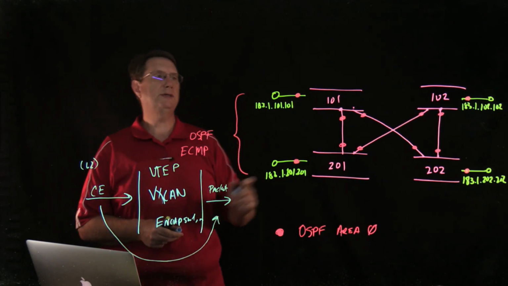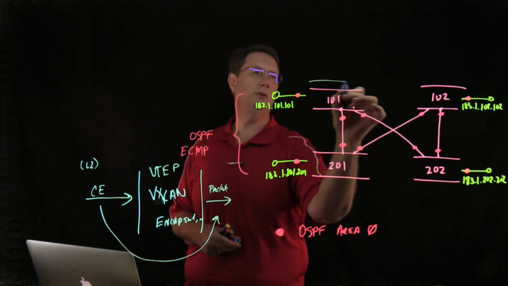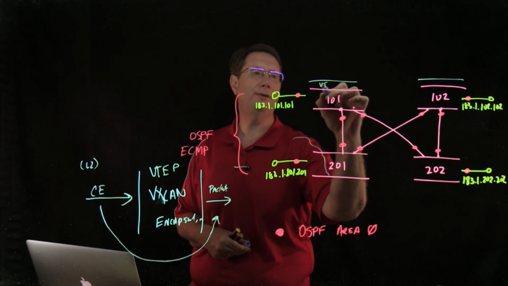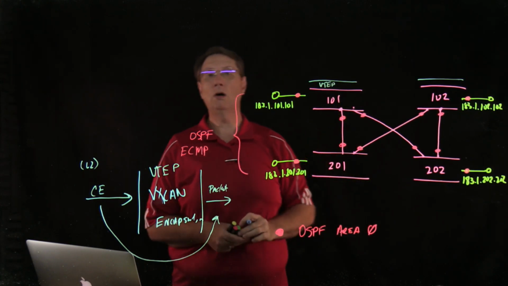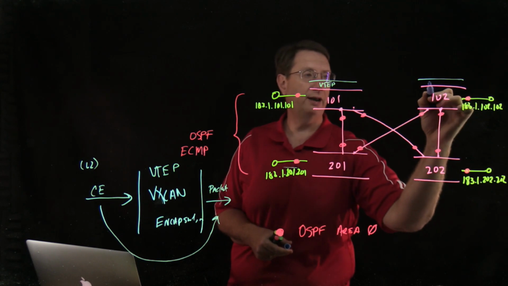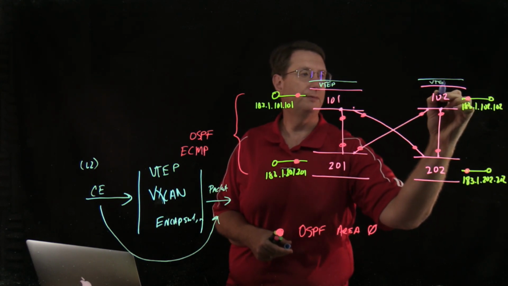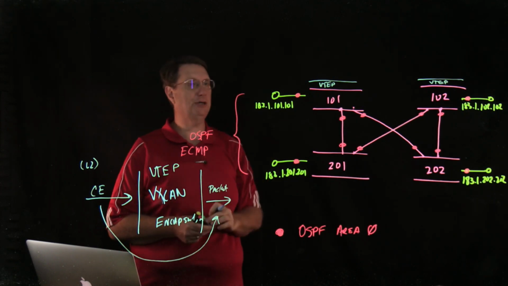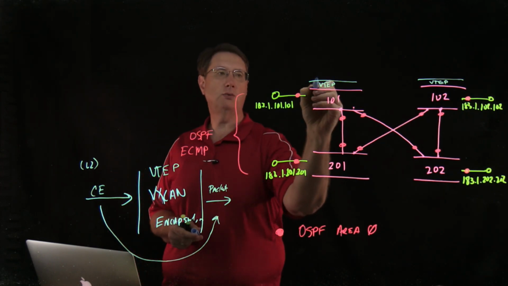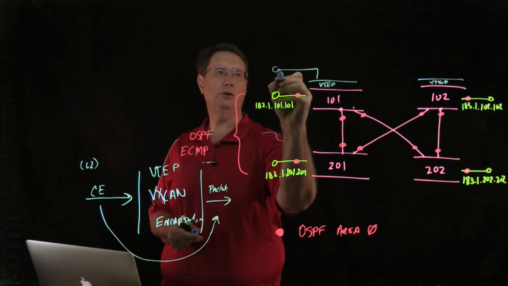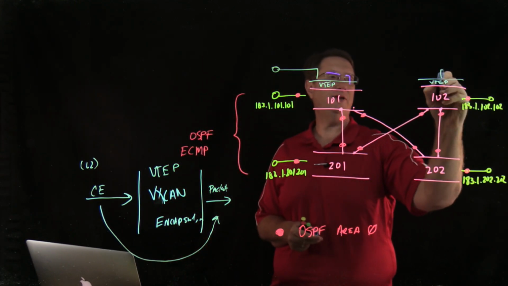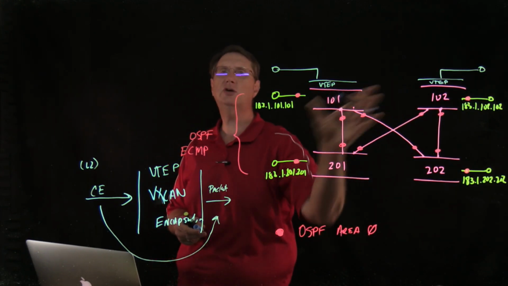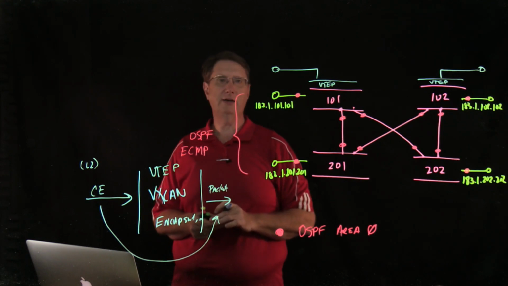Now, in this lab we are going to create some VTEPs. So we'll create a VTEP for switch 101, and we will create a VTEP for switch 102. That VTEP is actually going to be tied to another loopback interface. So we are going to create a loopback interface, and again leverage the functionality of IP unnumbered when it comes to creating a logical interface later on down the road.